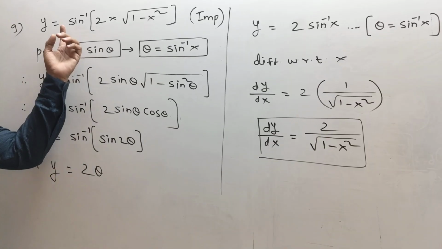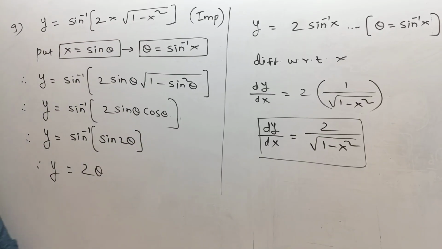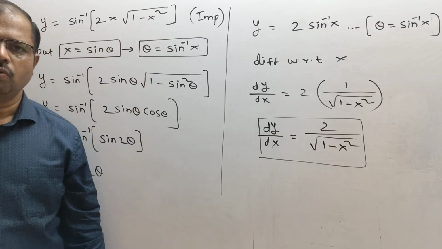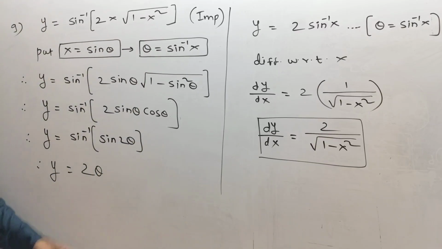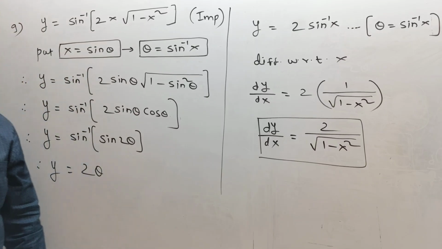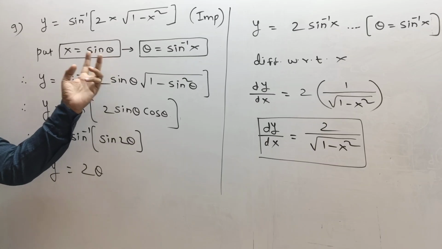Next problem, y is equal to sine inverse of 2x into root of 1 minus x square. When there is a term like root of 1 minus x square, then only two substitutions are possible: x is equal to sine theta or cos theta. Here we put x is equal to sine theta.